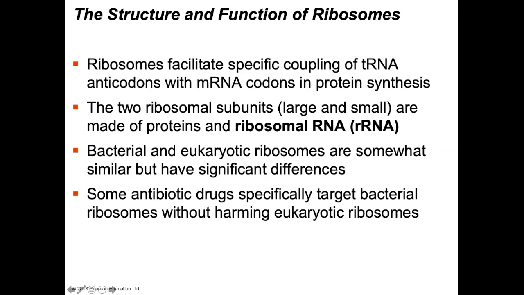We already have discussed mRNA, we have the tRNA, and lastly, the one responsible for protein synthesis is the ribosomal RNA, which is located in the ribosome. Bacterial and eukaryotic ribosomes are somewhat similar but have significant differences, which will be discussed in higher bio subjects. And some antibiotic drugs specifically target bacterial ribosomes without harming eukaryotic ribosomes.